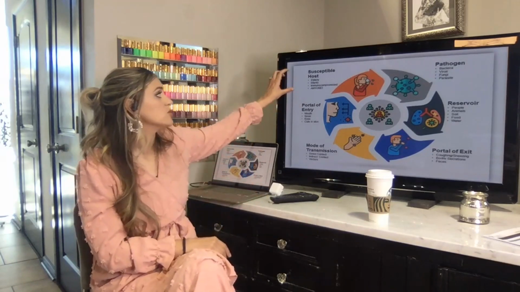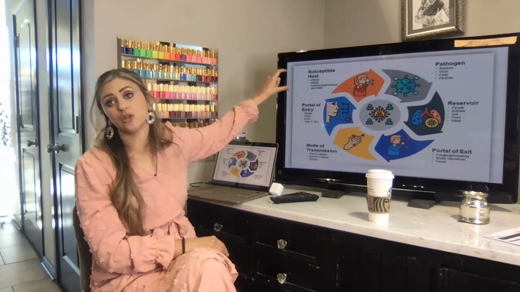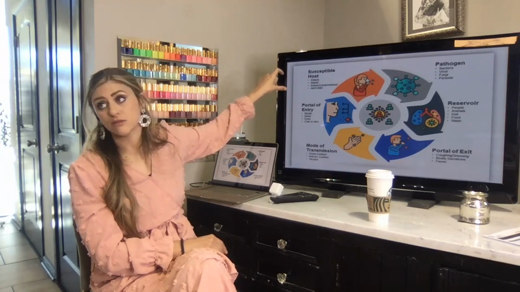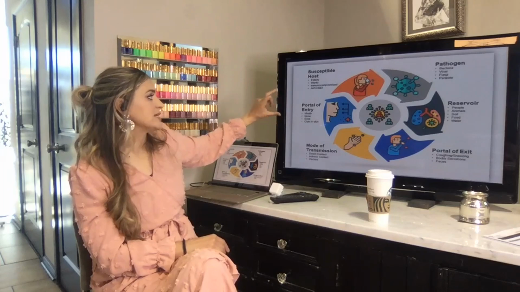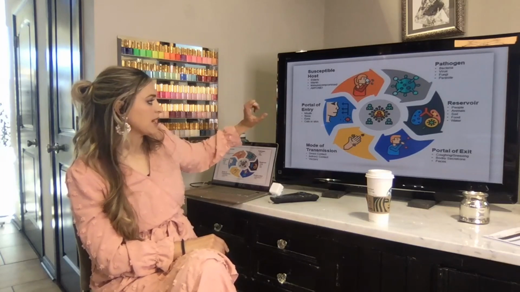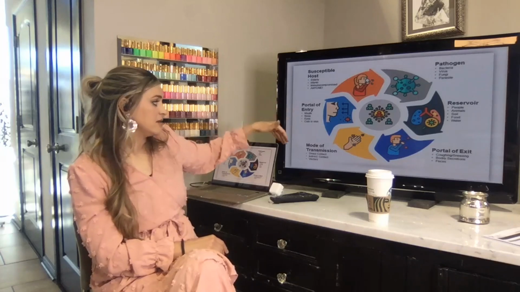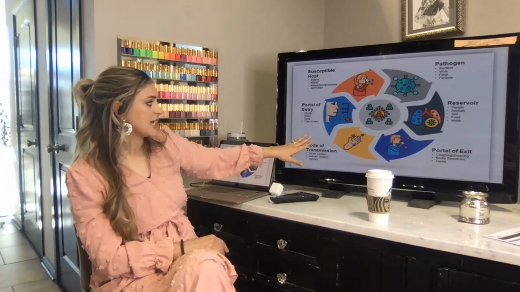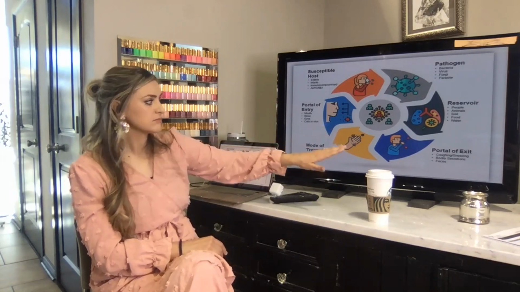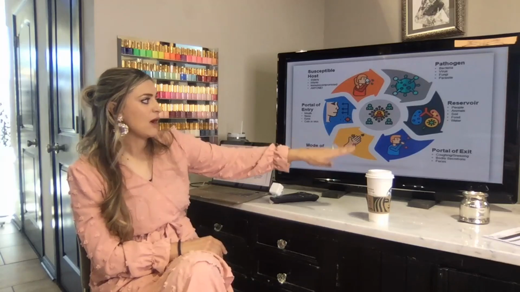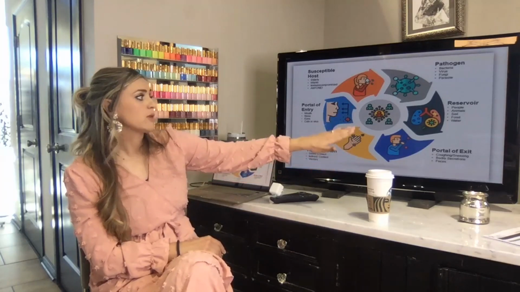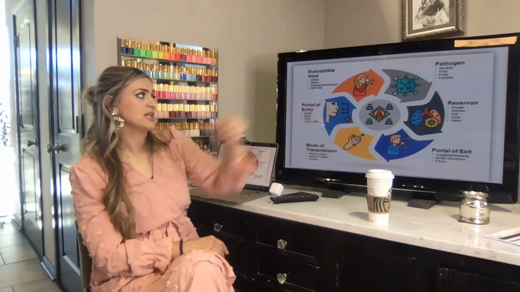But the susceptible host is just who could potentially get this sickness. Portal of entry is how it got into that person's body. Mode of transmission is the method of transfer, and we'll go into this one in a second. Portal of exit is how it left the host. Reservoir is the host. Pathogen is the sickness itself.